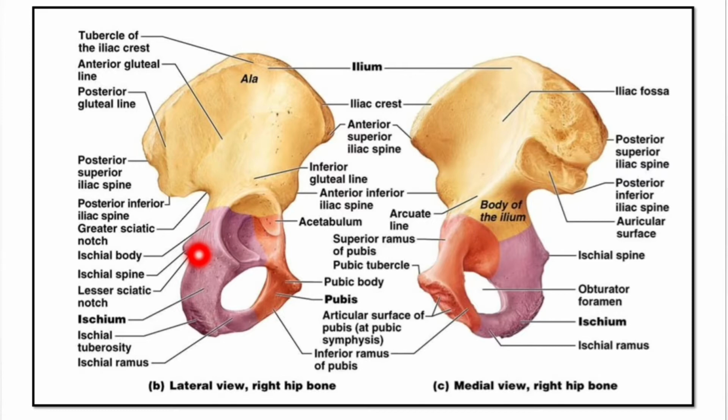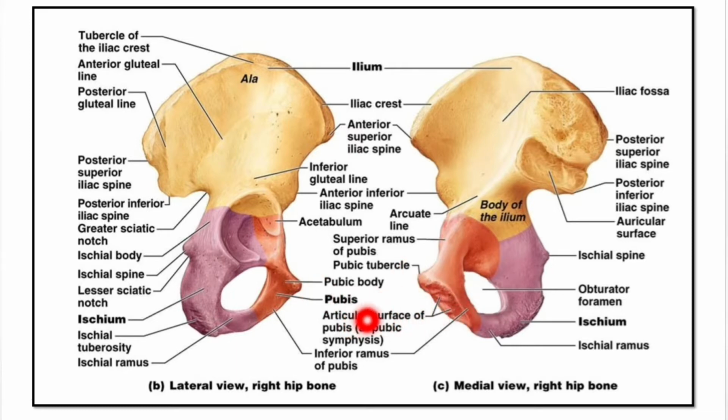So the important features you need to note here are the gluteal lines, anterior, posterior, inferior, the iliac crest, the iliac fossa, the acetabulum, the ischial spine, the obturator foramen, the pubic tubercle. I will show you the pubic tubercle later, but you can see it here, and the articular surface.